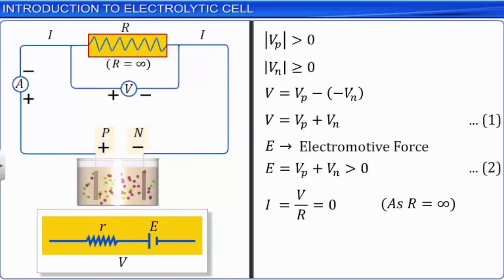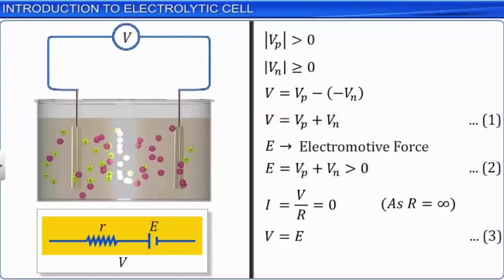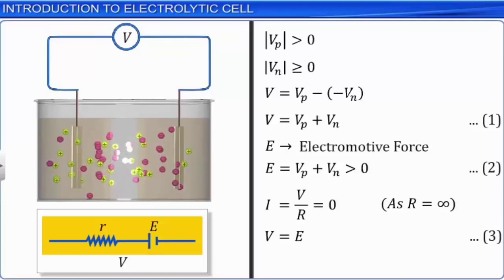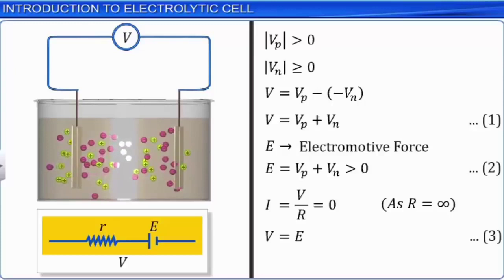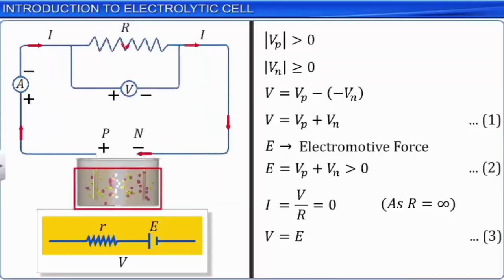From equations 1 and 2, V, the potential difference between P and N measured across the electrolyte, is written as V is equal to E. Let this be equation 3. From equation 3, we can conclude that EMF, E, is the potential difference between the positive and negative electrodes in an open circuit. That is, when there is no current passing through the cell. Let us now return to the original circuit consisting of a resistor with a finite resistance.